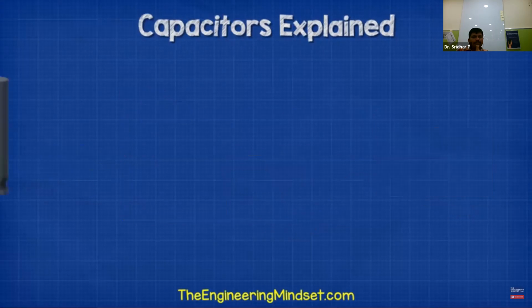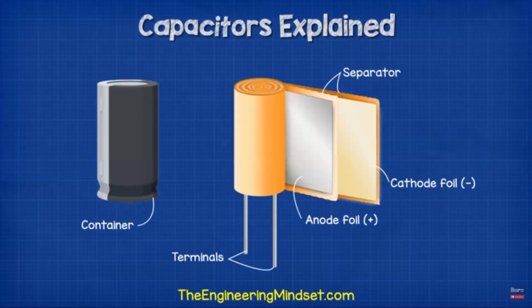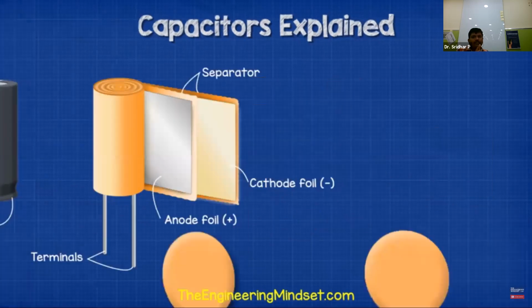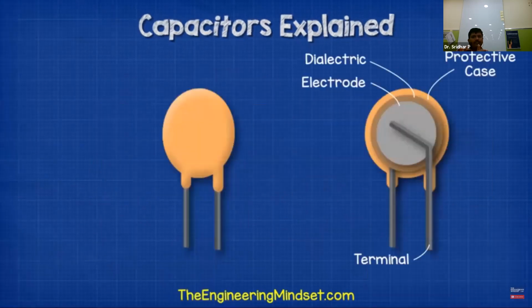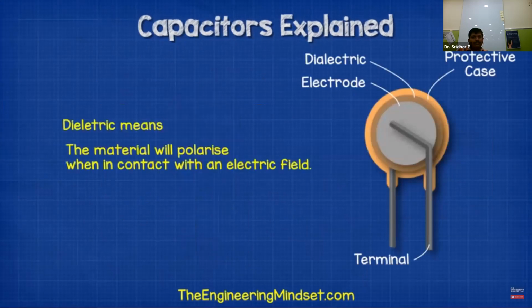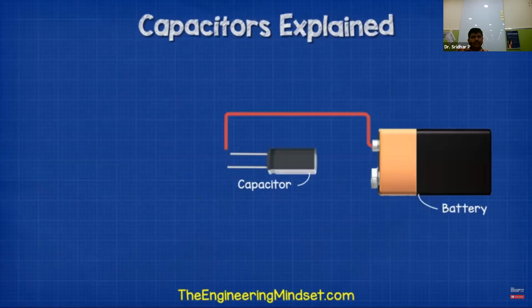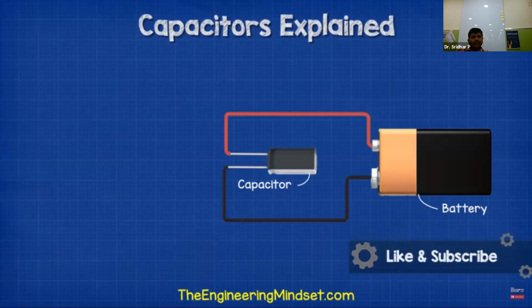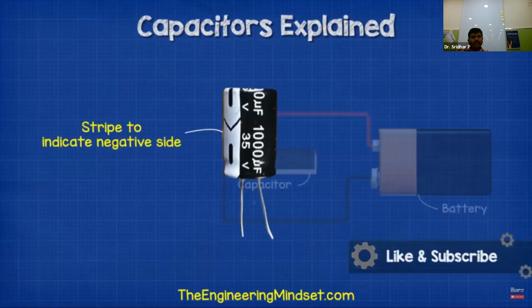Inside a basic capacitor, we have two conductive metal plates, which are typically made from aluminium, and these will be separated by a dielectric insulating material such as ceramic. Dielectric means the material will polarize when in contact with an electric field, and we'll see what that means shortly. One side of the capacitor is connected to the positive side of the circuit, and the other side is connected to the negative. On the side of the capacitor, you will see a stripe and a symbol. This will indicate which side is the negative.